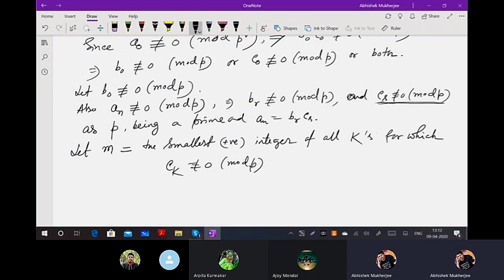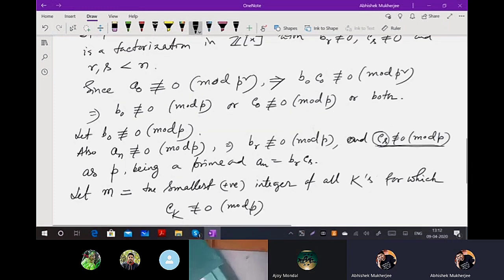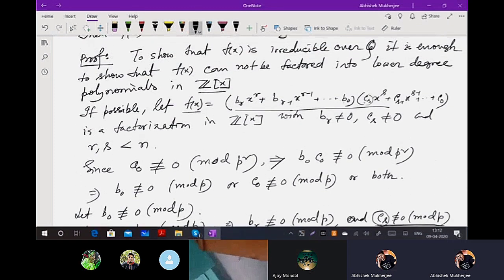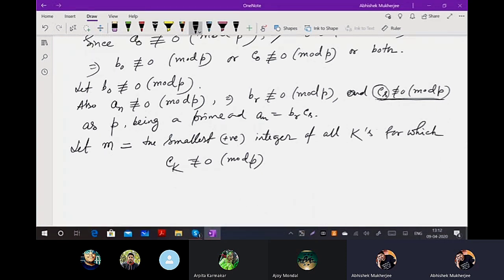Already we have found a coefficient c_s, the leading coefficient of the polynomial, which is not congruent to 0 mod p.